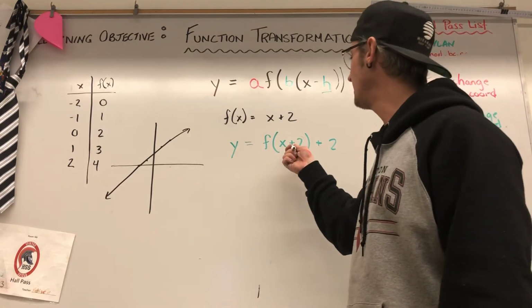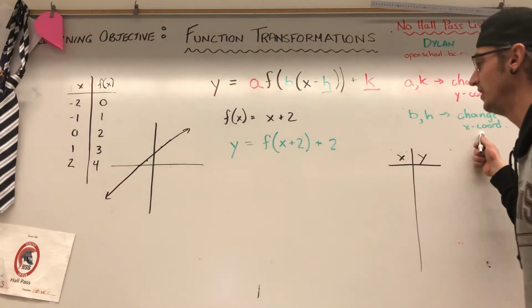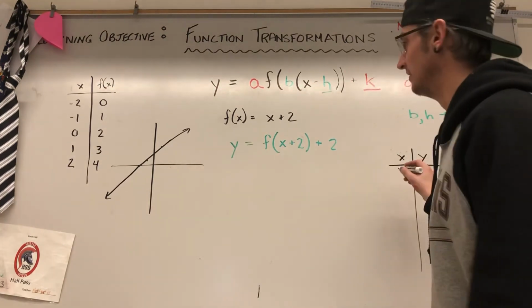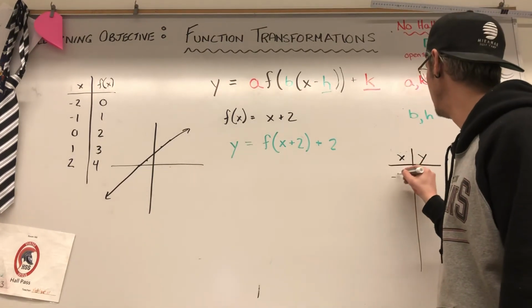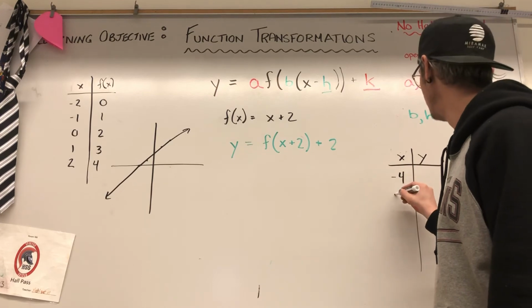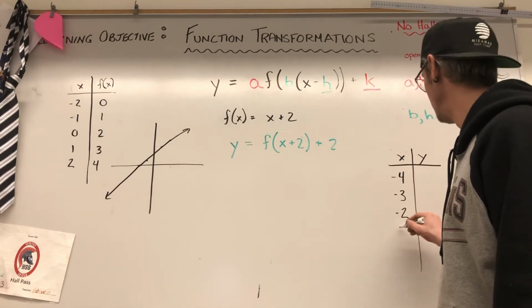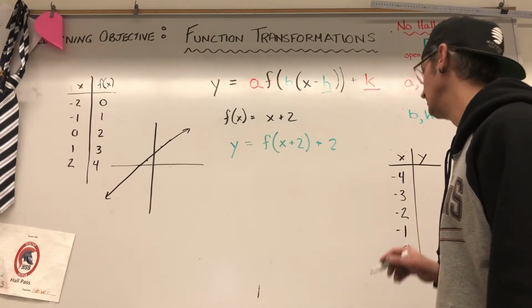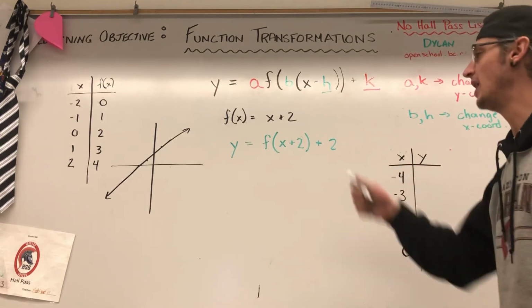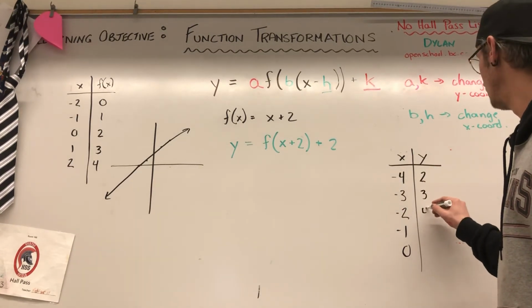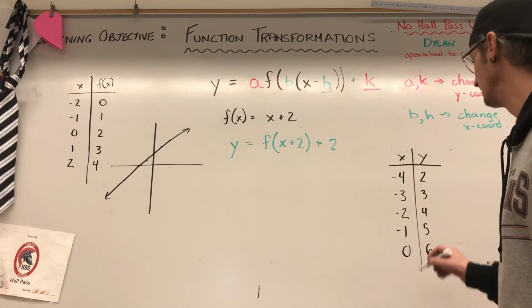Well, all the x's, the h I'm going to apply to the x's. So I'm going to subtract 2 from each of my x's. And I'm going to get negative 4, minus 1 minus 2 is negative 3, negative 2, negative 1, and 0. And then I'm going to add 2 to all my y's. 2, 3, 4, 5, 6.